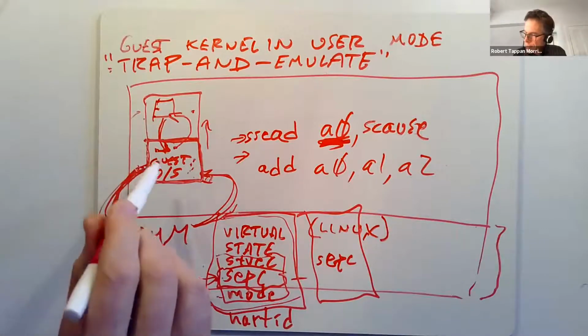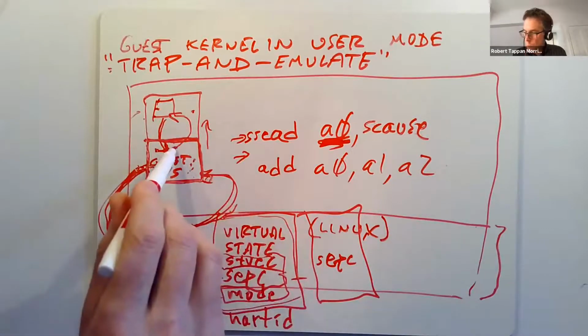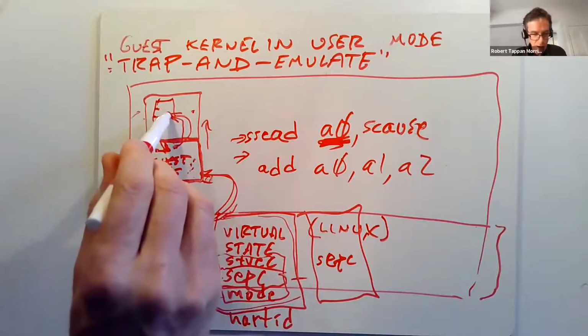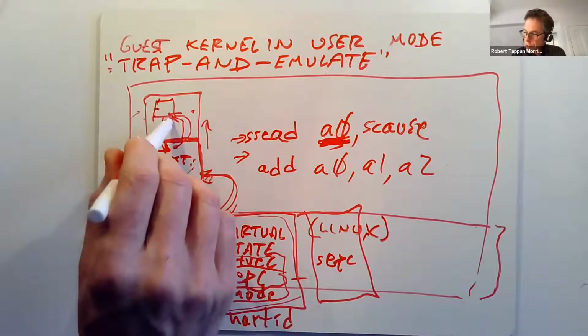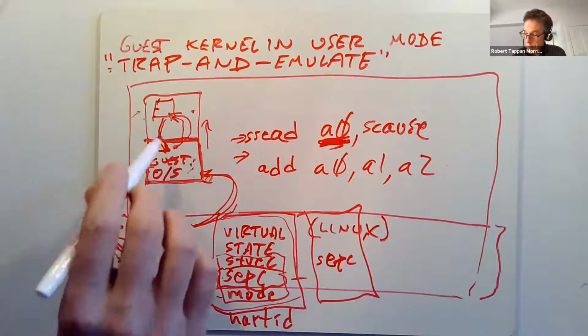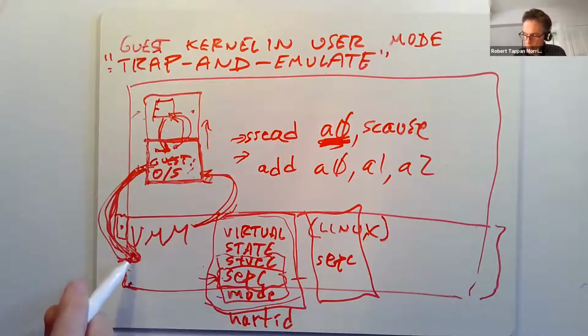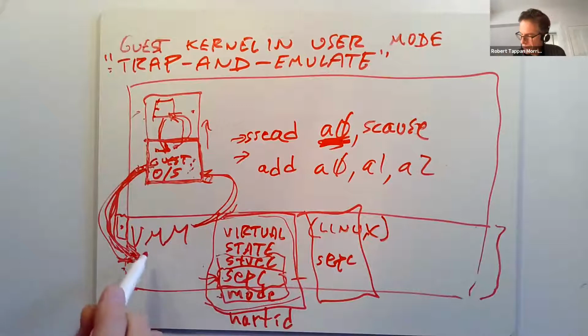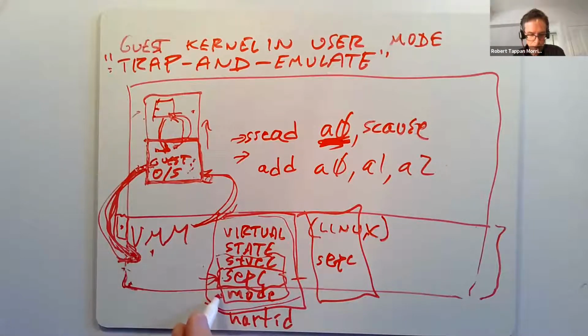So for example, when we execute SRET to enter user space, the SRET's privileged, luckily. It traps into the virtual machine monitor. The virtual machine monitor changes the virtual mode to user, even though of course the real mode is still supervisor because we're still executing down here.